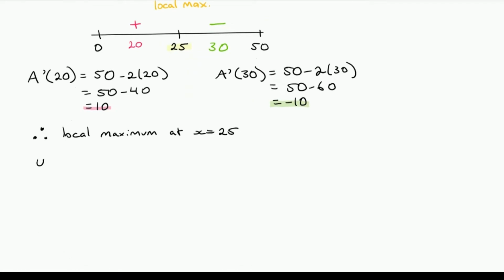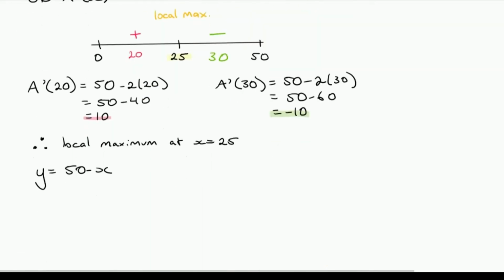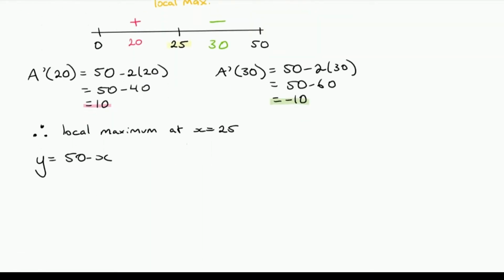So using my y is equal to 50 take x from all the way up here, I'm going to plug in this x equal to 25 into my equation. So I know that the length of my y side is going to be 25. So they're both 25 here.